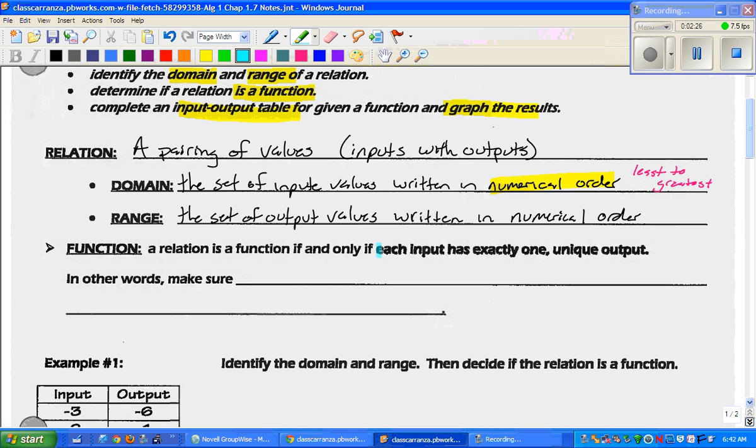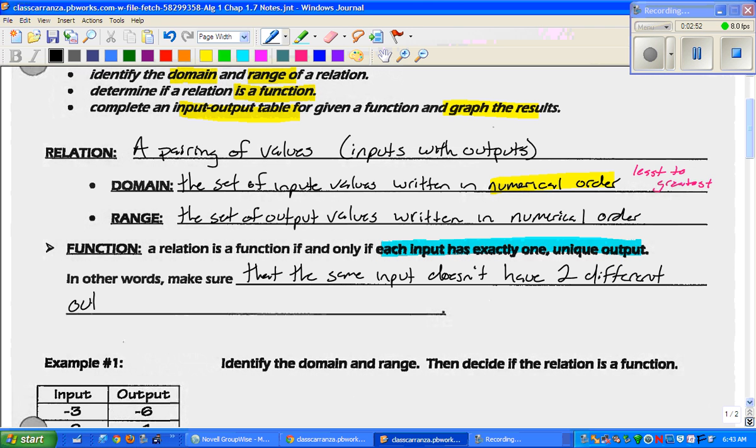And this part is very important. Each input has exactly one output. In other words, make sure that the same input doesn't have two different outputs. So we have to make sure that each input has only one output.